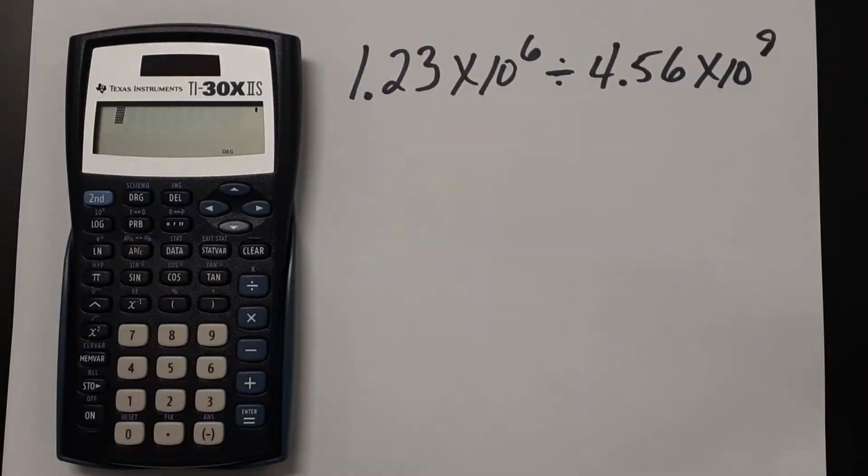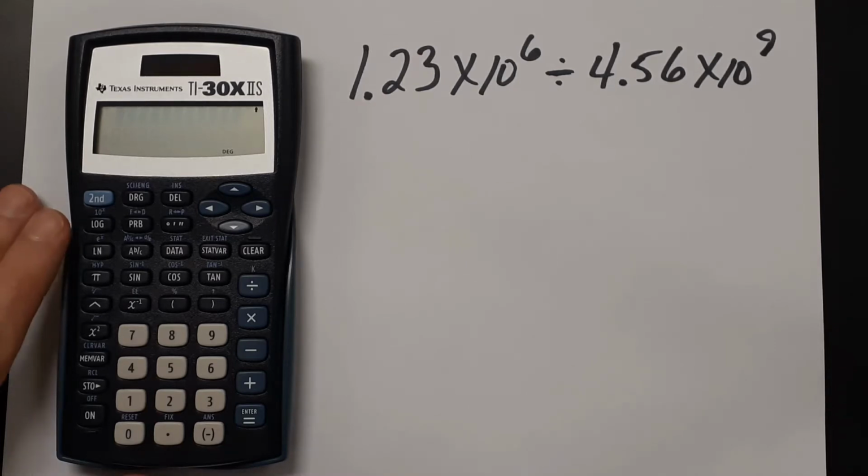So let's say you're in my class or a math class of some sort, and you come across a problem where you have scientific notation involved, and especially when a student needs to divide using scientific notation, how should you best enter this in your calculator?